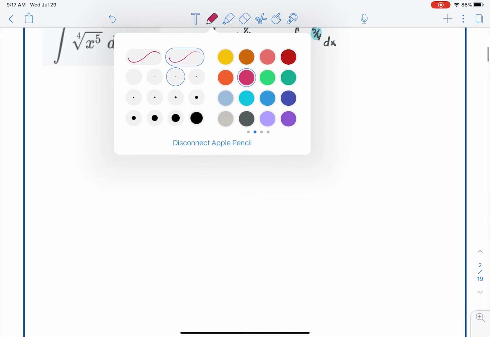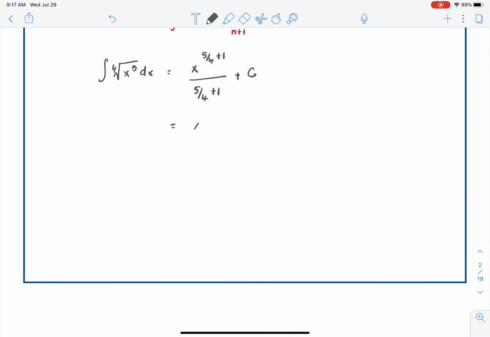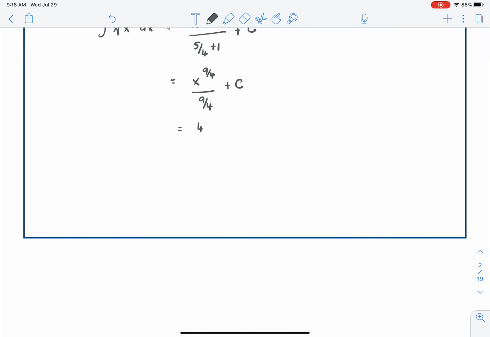Since n is 5 over 4, the integral of the square root of x raised 5, or fourth root, is simply x raised 5 over 4 plus 1 divided by 5 over 4 plus 1 plus c. If we take the common denominator and simplify, we have x raised 9 over 4 divided by 9 over 4 plus c. That would be 4 over 9, x raised 9 over 4 plus c.